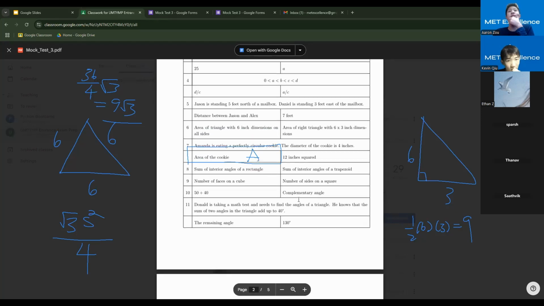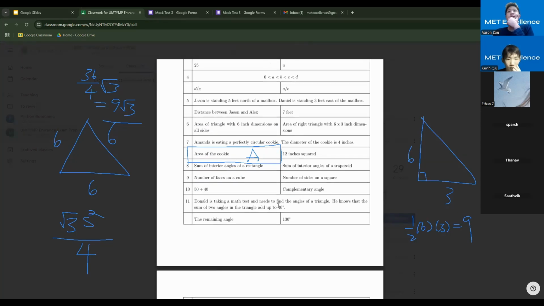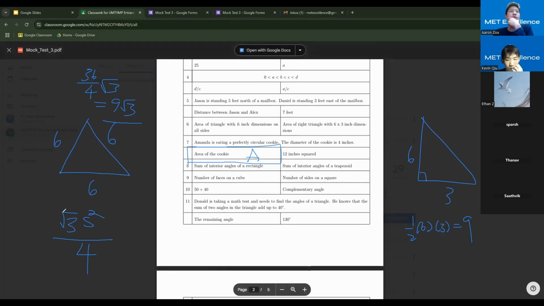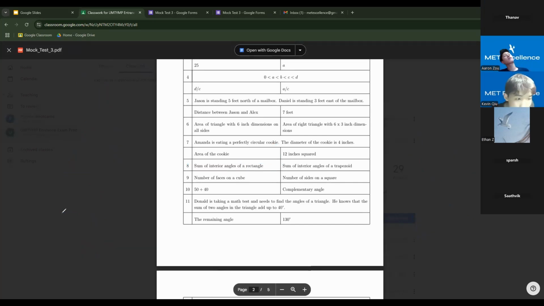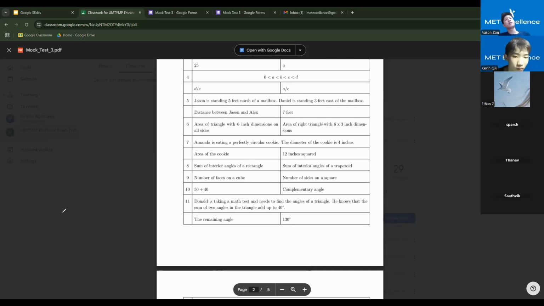Okay, and then number 8, I'll have Kevin go over this one as well. How do you find the area of an equilateral triangle? I forgot how. Okay, I'll keep the formula on the screen, but I really don't expect you to know it. That question should have been tossed. It's too difficult. But if you're just curious, here is the formula.